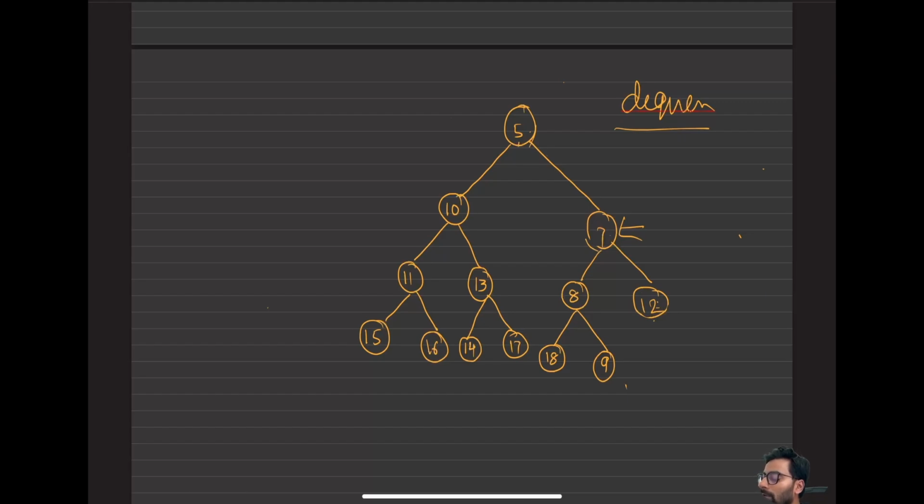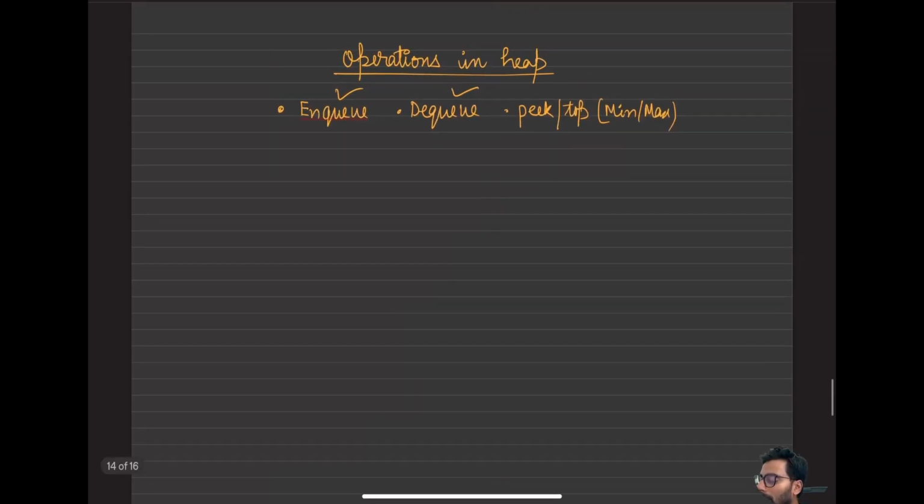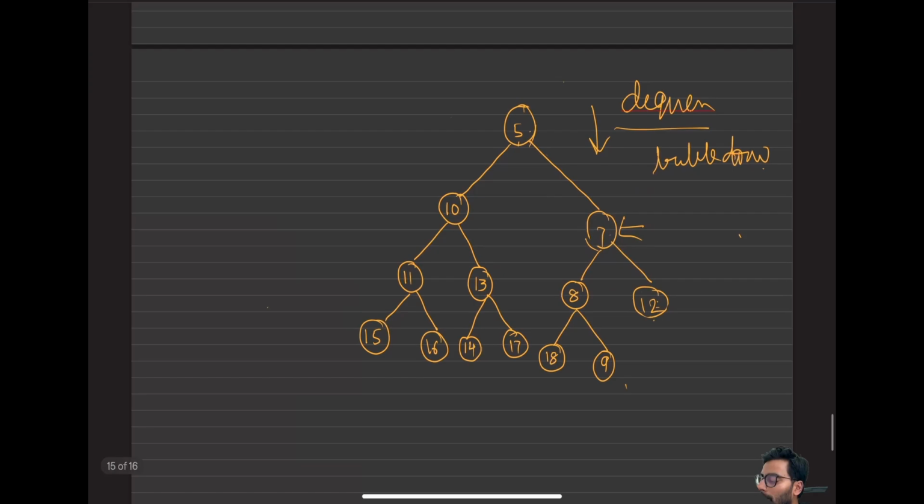So in Dequeue also, what we have done is we have gone from up to down, right? So we call it bubble down. And before, when we explained Enqueue, we put the value at the last position and then pushed it to the top. In Enqueue we do bubble up, or sometimes people call it heapify up.